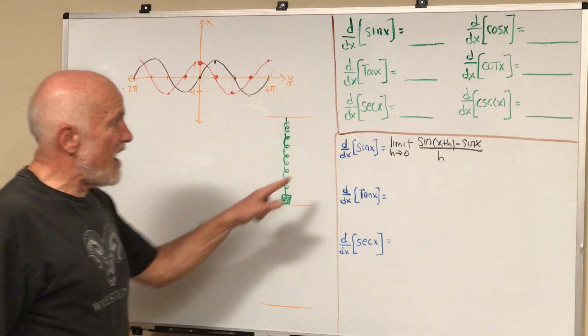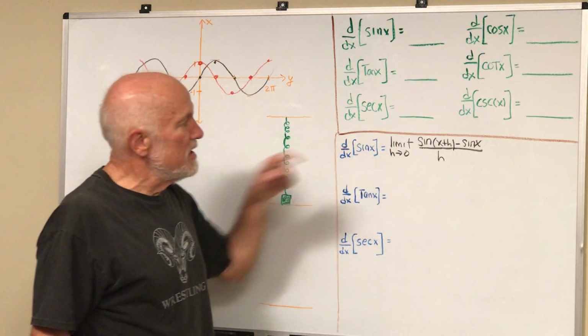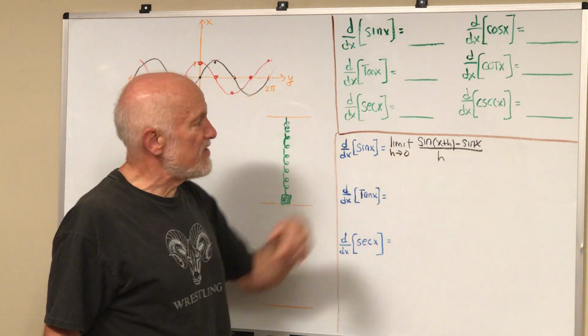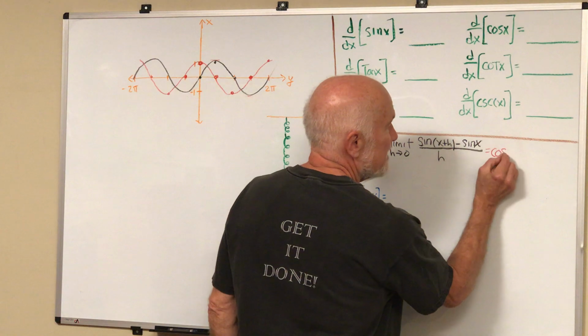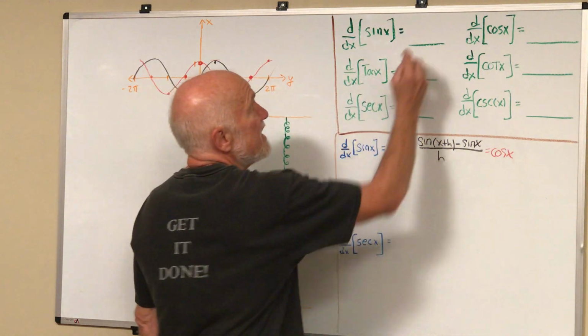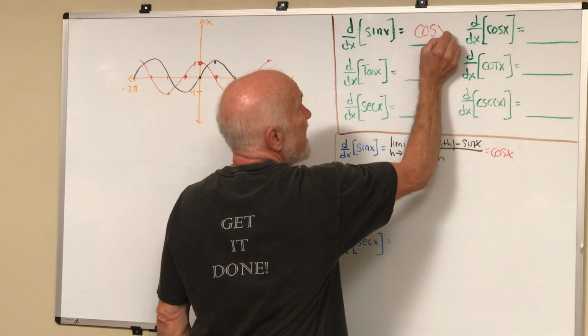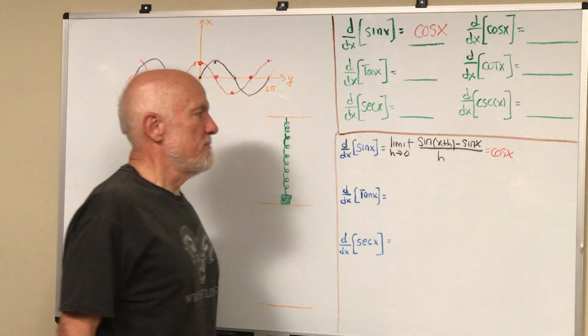Well, as it turns out, if you actually go through all the algebra and trigonometry to solve this, it does turn out to be the cosine. So we can actually say that the derivative of the sine is the cosine.